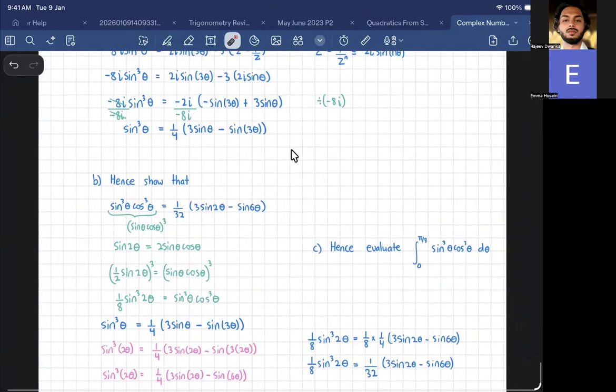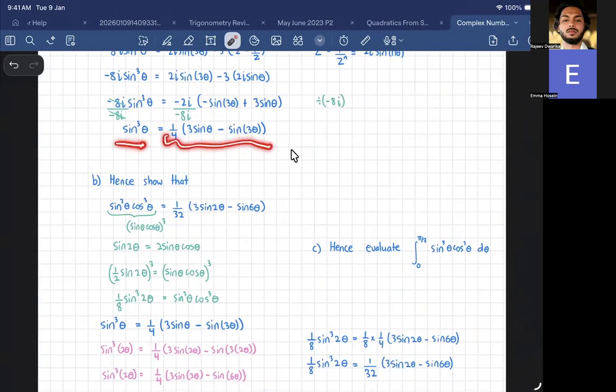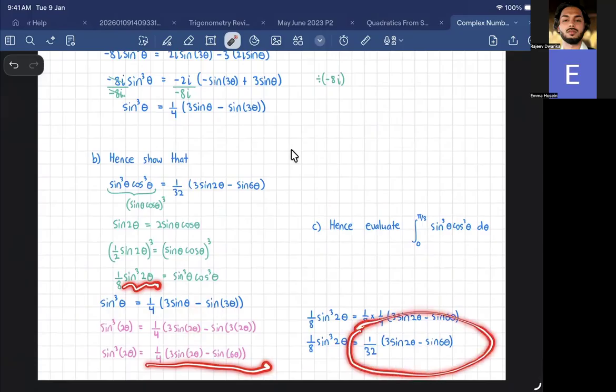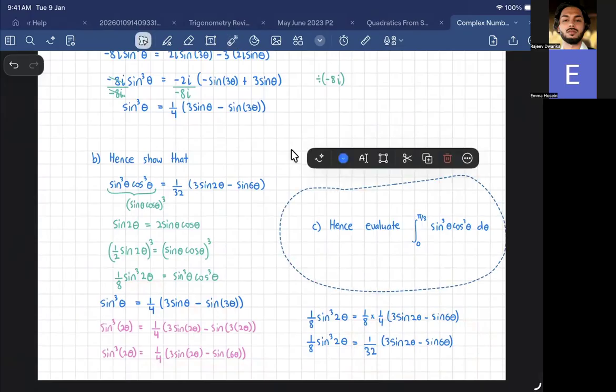Earlier, we found what sine cube theta was equal to, so we just plug in 2 theta instead. When you plug in 2 theta, you get 2 theta for theta, and instead of 3 theta, you get 6 theta. Bam. Then you just substitute. You know that sine cube 2 theta is this entire thing, so you plug that in and you get 1 over 32, 3 sine 2 theta minus sine 6 theta. Easy peasy lemon squeezy.